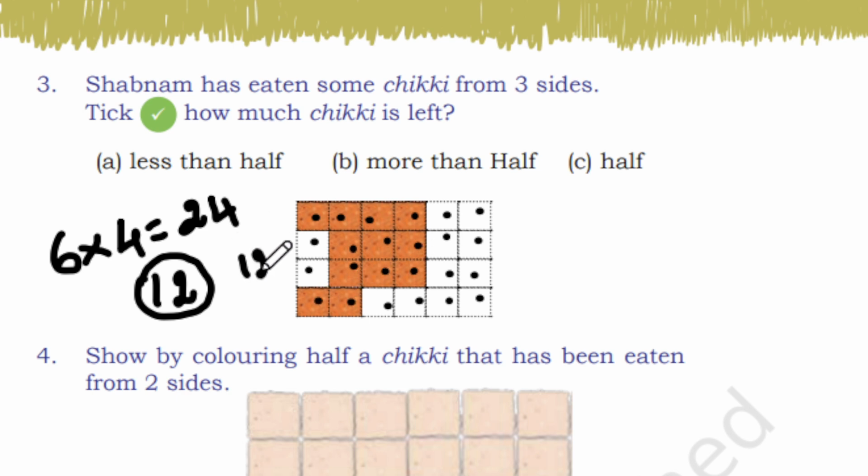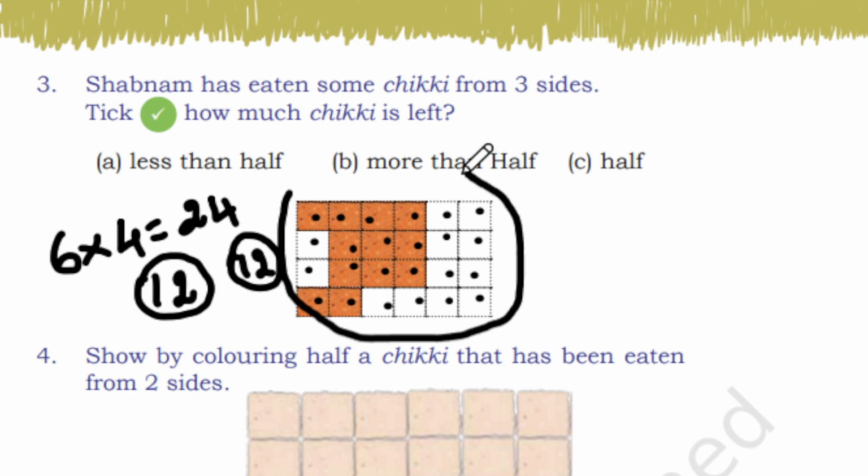So this is also 12. So half. If you add 12 plus 12, it's 24. It comes to the whole, and one half of that is 12. So half is the correct answer.